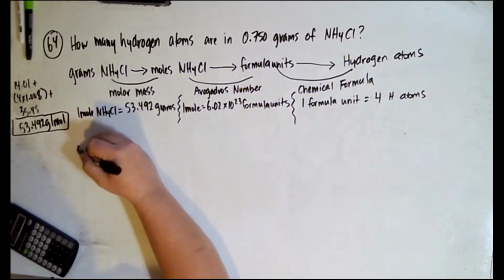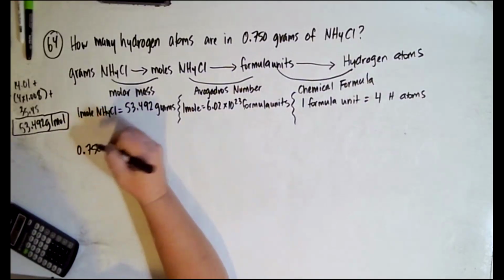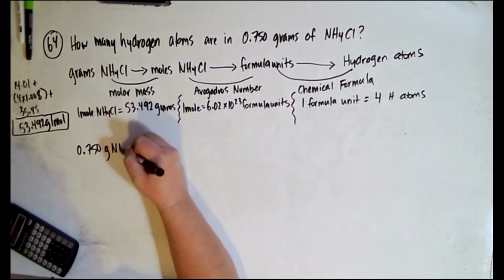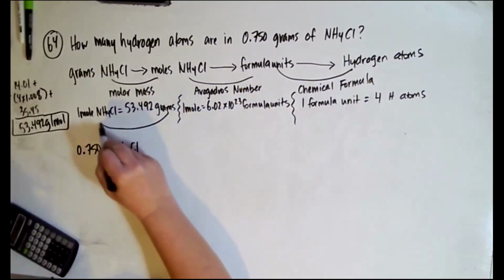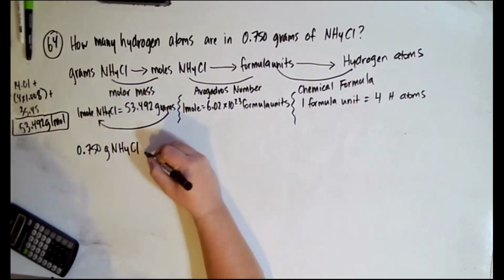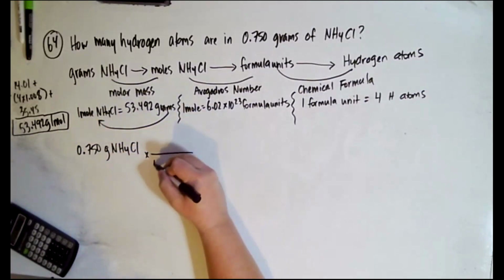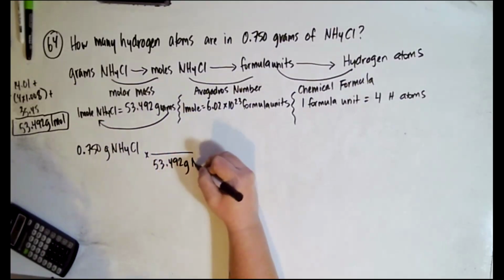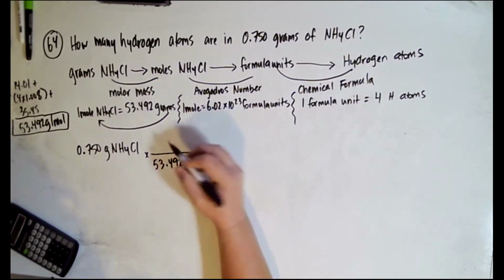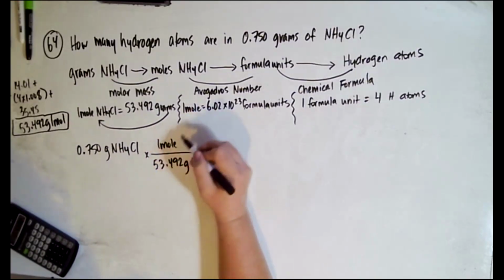We're starting off with our 0.750 grams of NH4Cl. Our first step is going to be to take our grams and turn them into moles. So our 53.492 grams goes on the bottom, and our 1 mole goes up top.